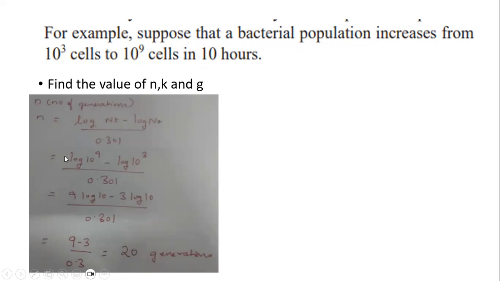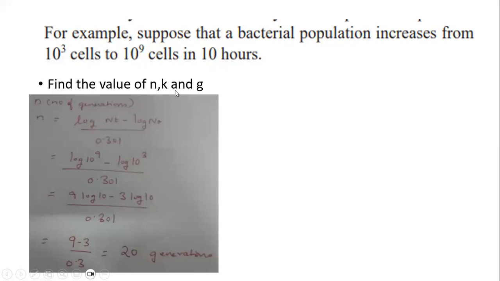So after simplification, this will be 9 log 10 minus 3 log 10. Value of log 10 is 1. So simplifying, we'll have 9 minus 3 divided by 0.3, which comes out to 6 divided by 0.3, that is 20 generations is the value of n.